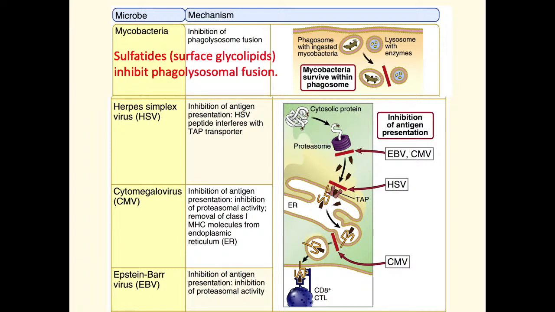Mostly mycobacteria have sulfatides, and even if they are in phagocytes, those sulfatides prevent phagolysosome fusion, and therefore we will have defective phagolysosomal fusion and defective elimination of mycobacteria.